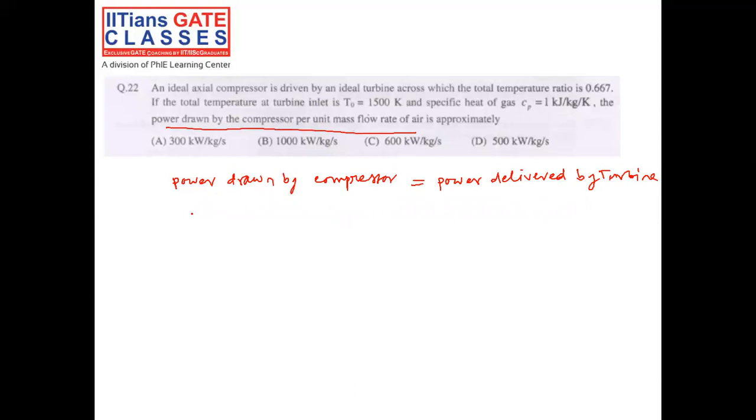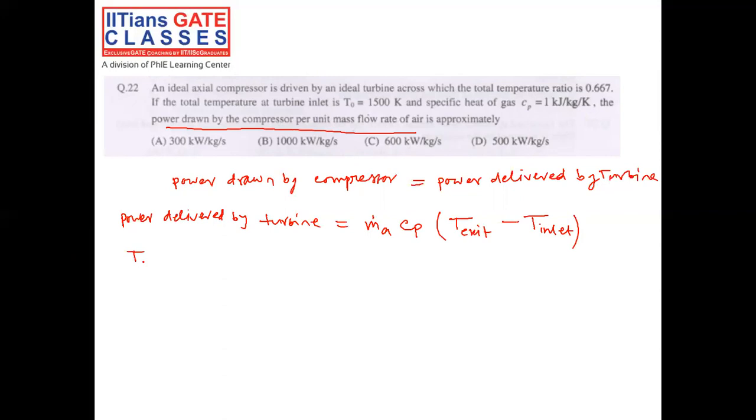And power delivered by the compressor, sorry, power delivered by the turbine, this can be written as m dot, that is the mass flow rate through the turbine, multiplied by Cp into total temperature at the exit of turbine minus total temperature at the inlet of turbine, right?